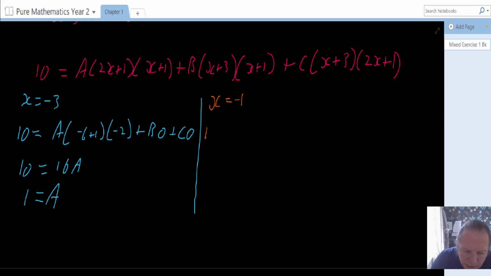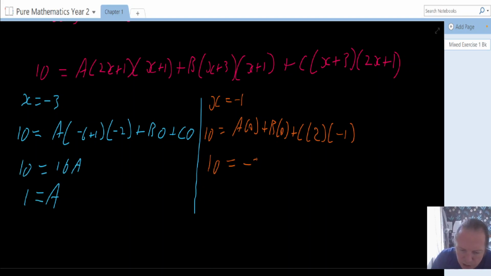So again, 10 equals a times 0 plus b times 0 plus c times minus 1 plus 3, which is 2, and minus 2 plus 1 is minus 1. So we end up with 10 is equal to minus 2c, so minus 5 is equal to c.